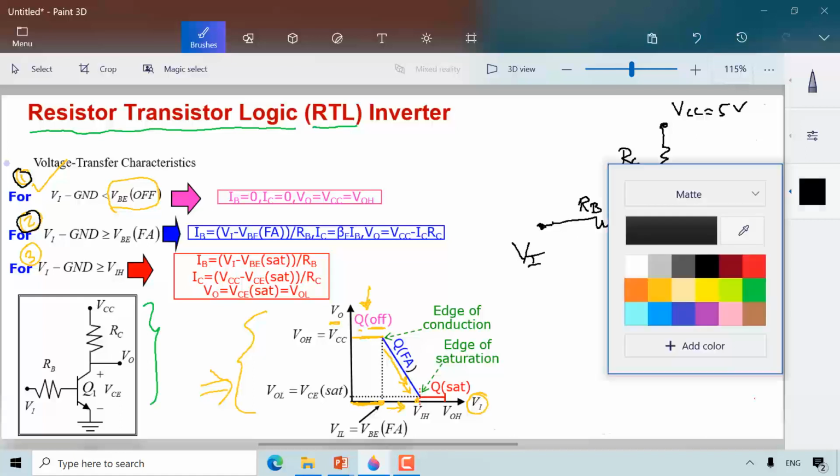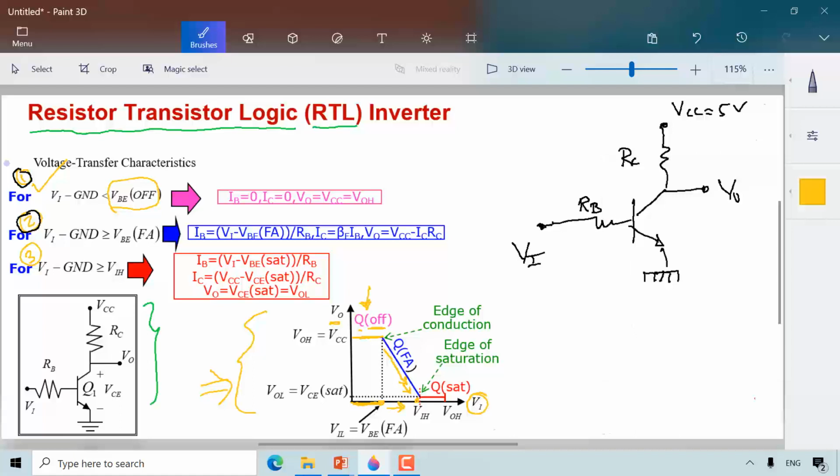What happens in saturation? I will raise the input up to a point where I successfully establish a voltage of 0.8 volt.